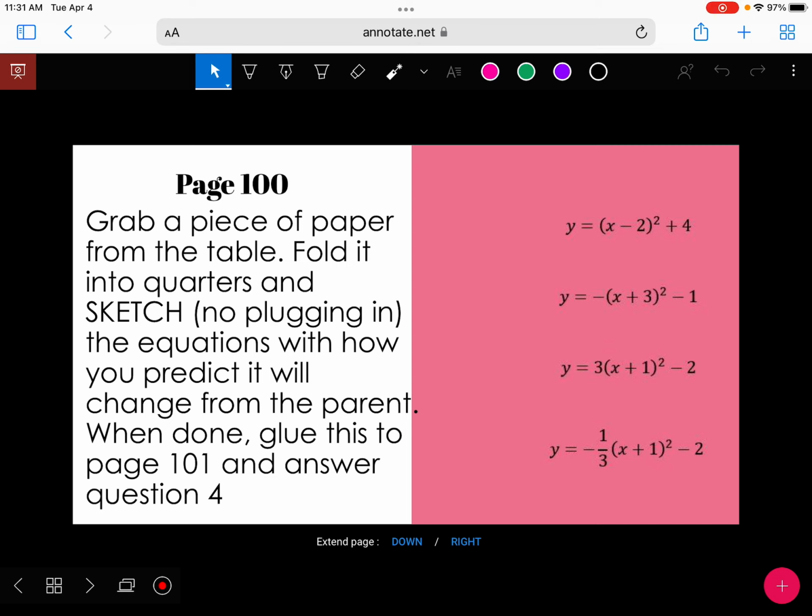It's positive, so it's gonna be the same. Tall and skinny. Okay, so take the vertex, make it tall and skinny.